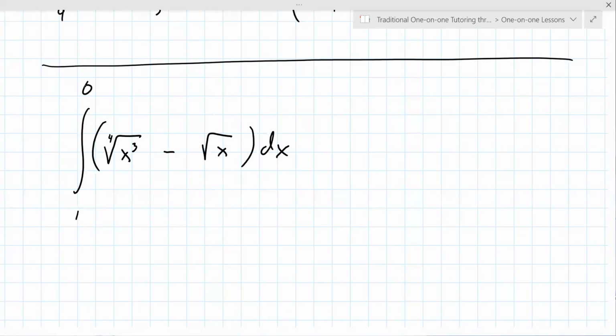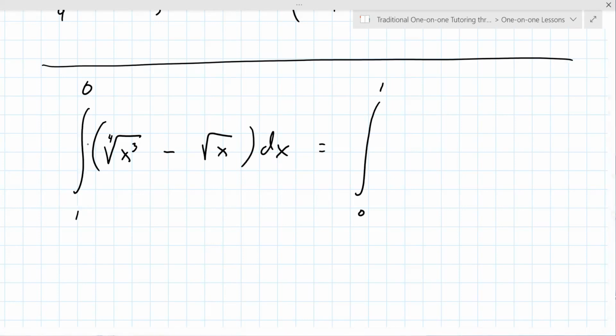All right, so give that a try. Wait, I thought the smaller number always had to go on the bottom. It does. If you want to make it that way, you can definitely do that. You can change this to a negative out in front, which flips the order of this. That's totally up to you.